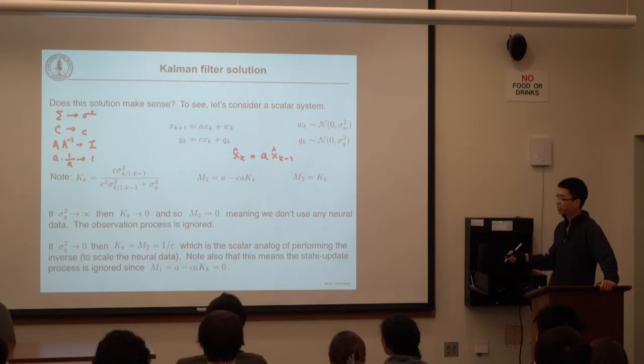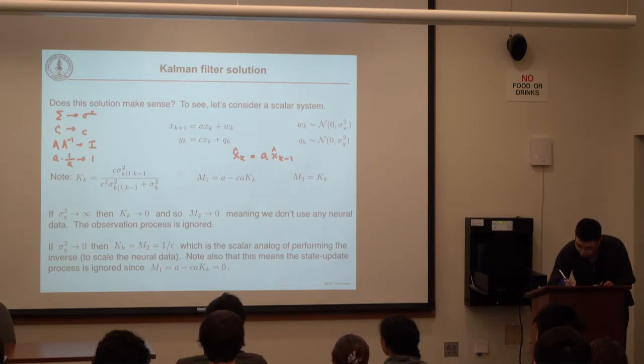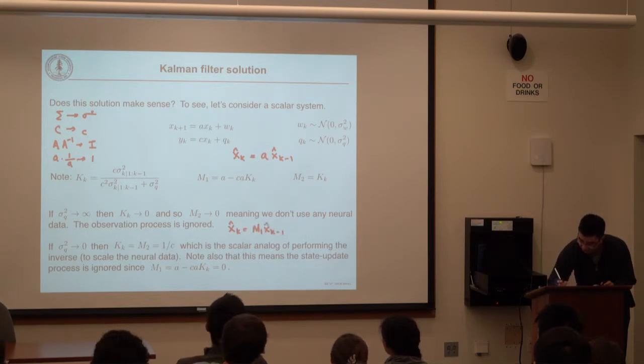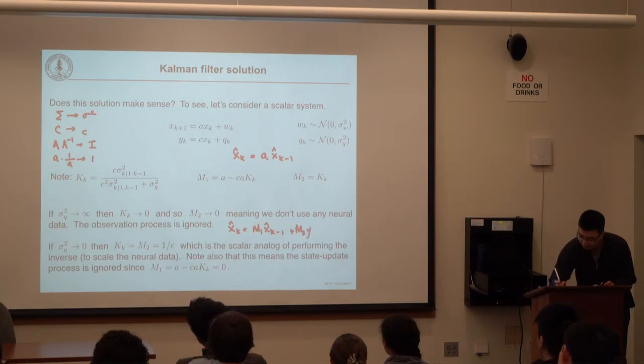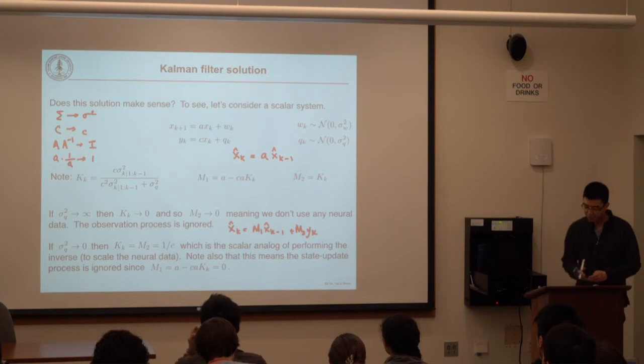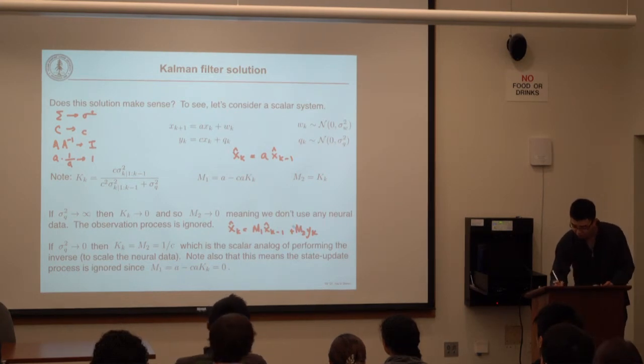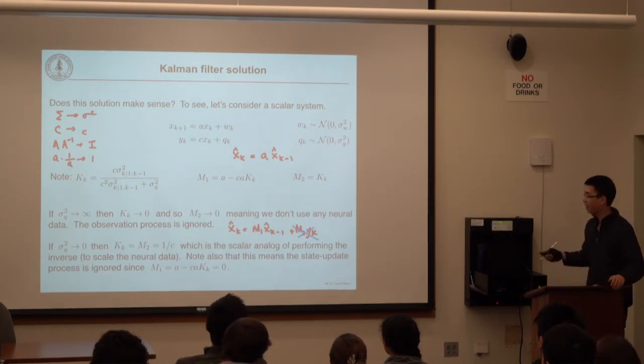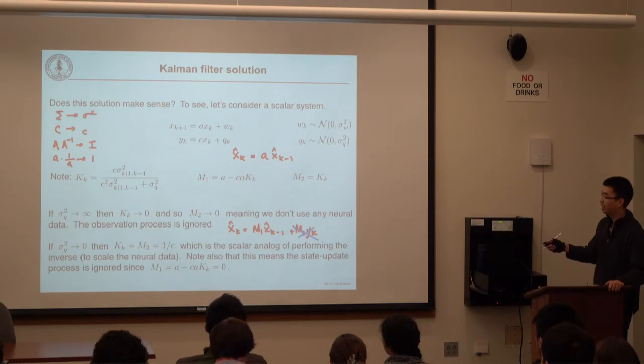And if m2 goes to 0, and our equation was x hat k equals m1 x k minus 1 plus m2 yk, then this term m2 goes to 0, so we would now ignore this. And then m1 here is equal to a minus c a kk.